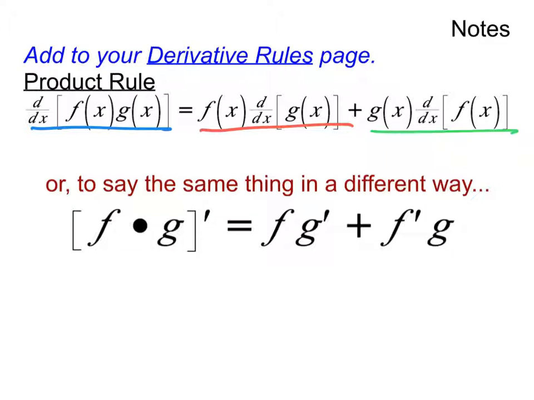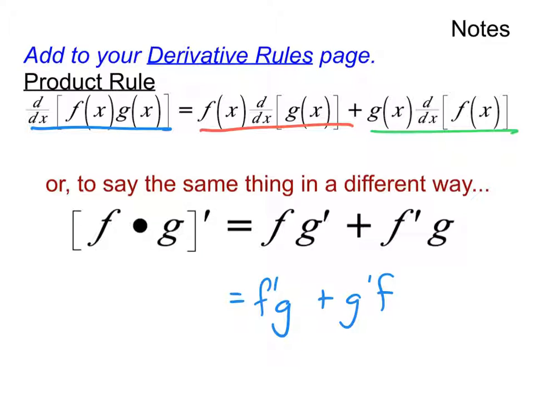What if I went to do the second one, and I'm like, well, I don't remember which one, so I'm just going to go ahead and do f prime times g plus g prime times f. Would that still give me the same answer? Yes. I changed the order that some of them were multiplied in, but that's okay, because order within multiplication doesn't matter. I changed the order that I added them in.